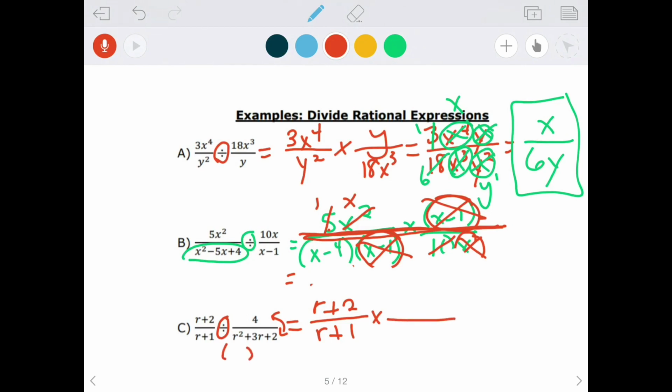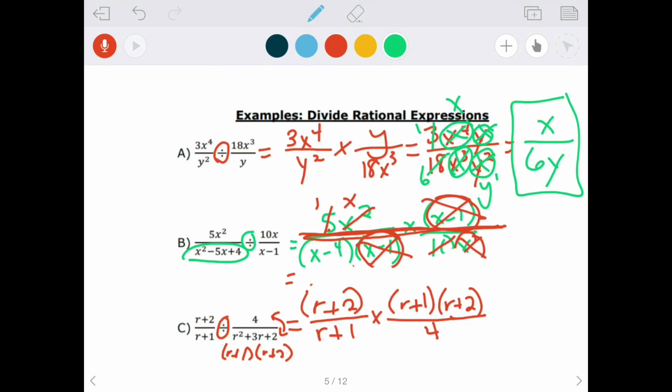So I'm going to go ahead and below here, when I'm factoring, I have an r plus 1 and I have an r plus 2. So then I'm going to now put that in the numerator since I'm taking the reciprocal. And then I have 4 in the denominator.